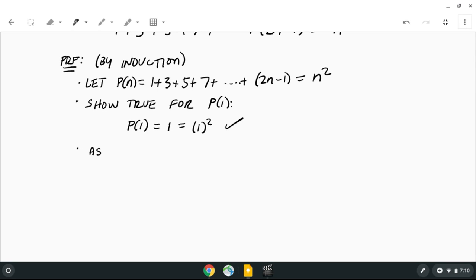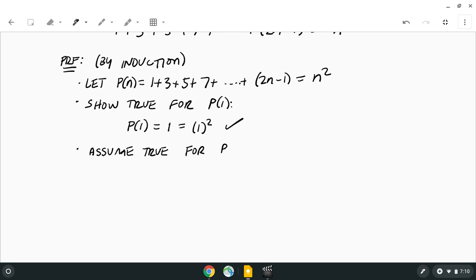So we assume true for P of k. And what we need to do is prove that it's true for P of k plus 1.